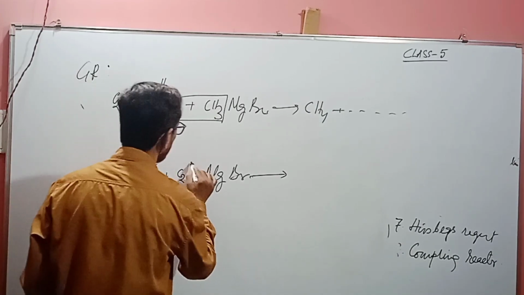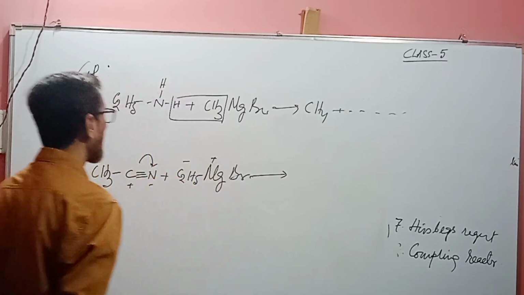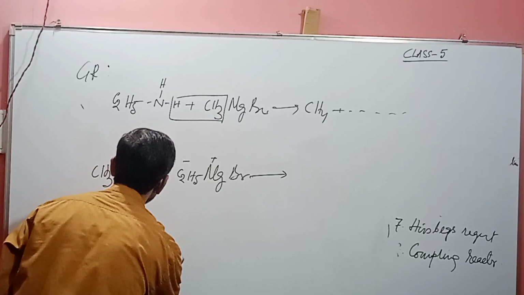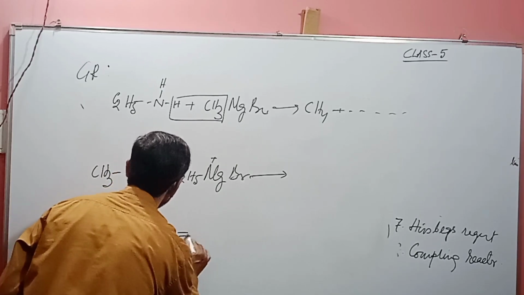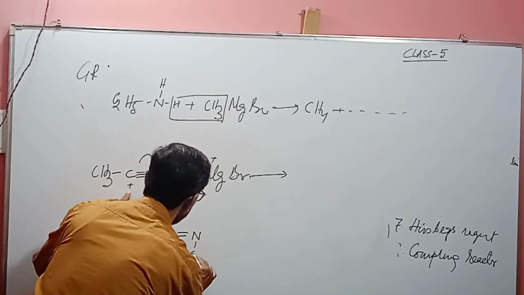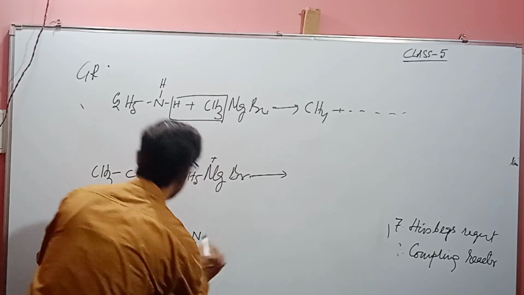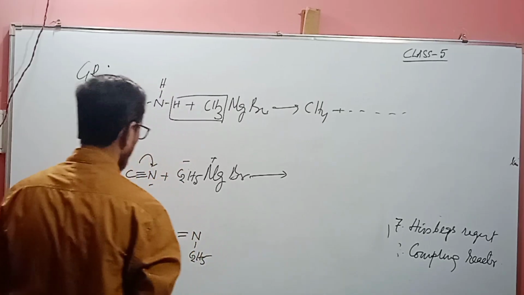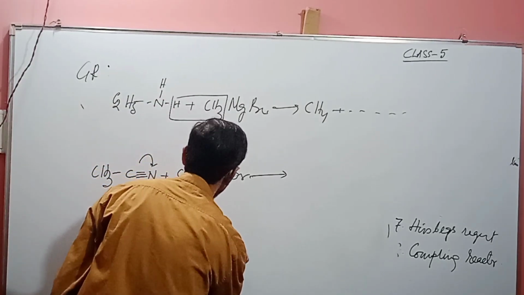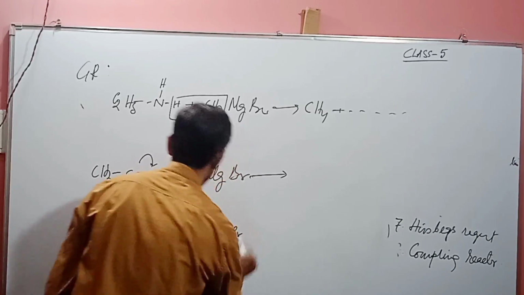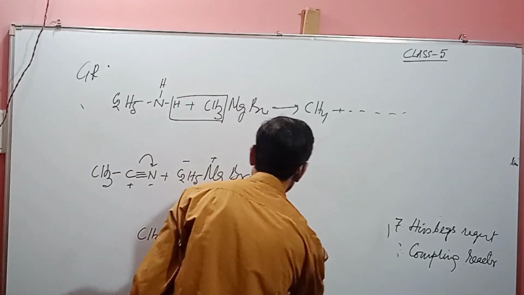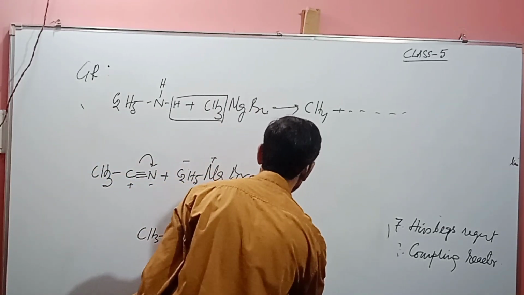Earlier I mentioned to you, this is minus and this is plus, am I right? So here you are getting CH3, C double bond N, and the negative part comes to the plus part, C2H5, MgBr, then acid hydrolysis.